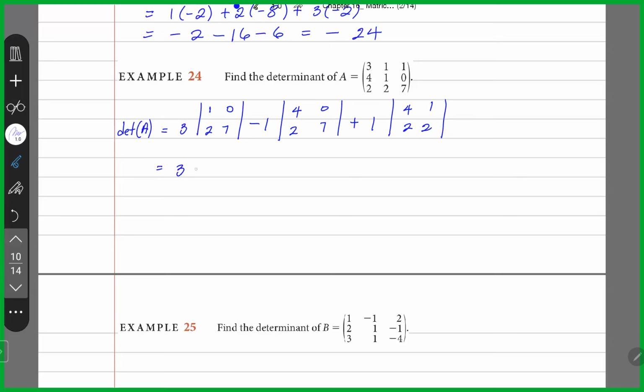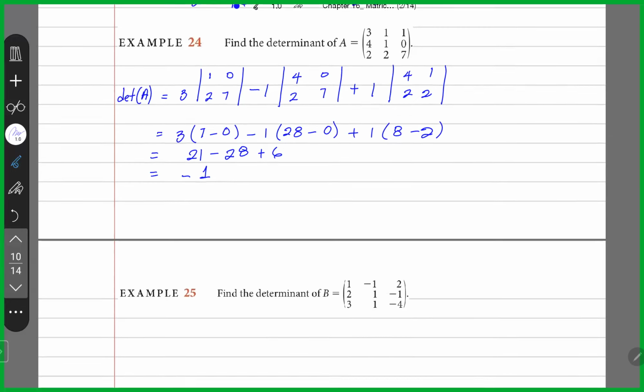So this becomes 3 times 1 times 7 is 7, minus 0 times 2, 0. Minus 1 times 4 times 7 is 28, minus 0 times 2 is 0. Plus 1 times 4 2s are 8, minus 1 times 2, 2. This becomes 3 times 7, 21, minus 1 times 28, minus 28, and 1 times 6, which is 6. So this is 27 minus 28. This is minus 1.